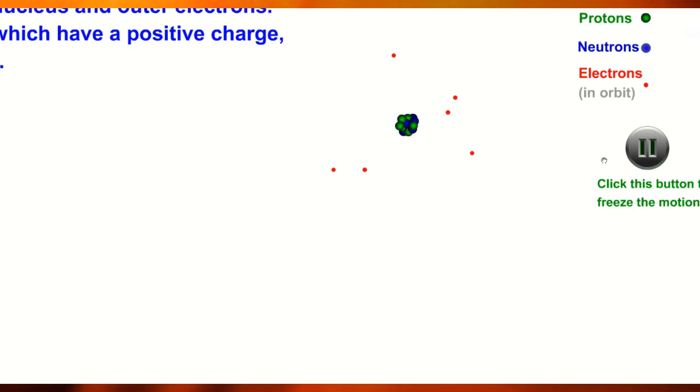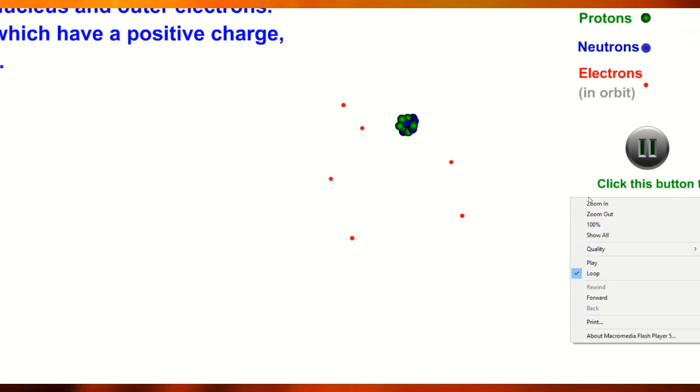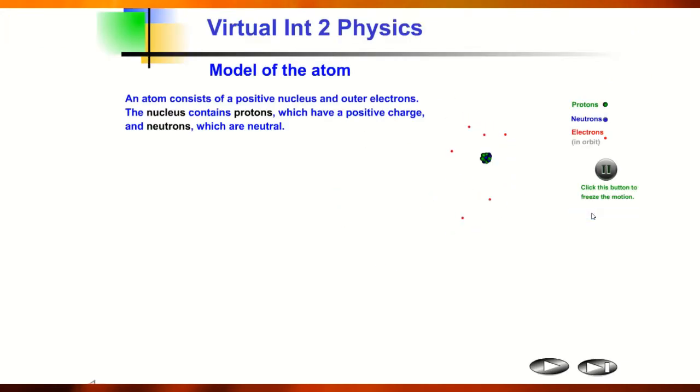So it's really important that you know that in an atom, the number of protons is equal to the number of electrons. So that would make an atom overall 0 charged. So we've said the protons are positive, the neutrons have no charge or are neutral, and the electrons have a negative charge.